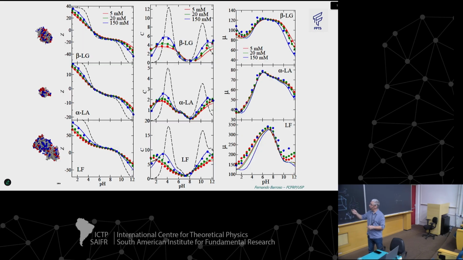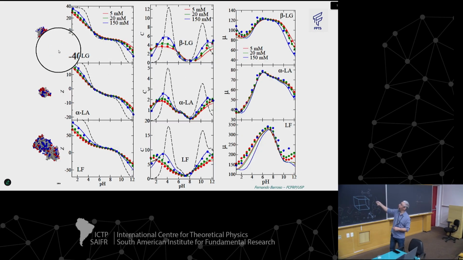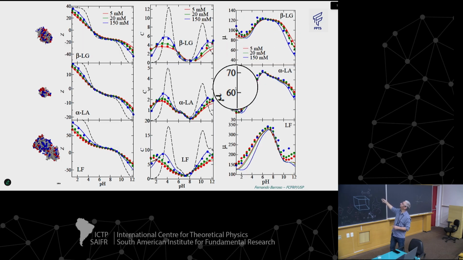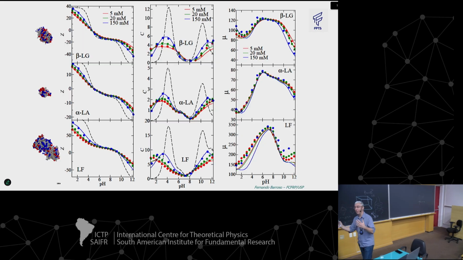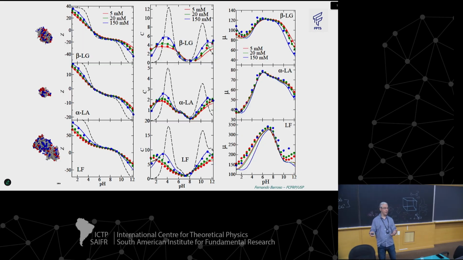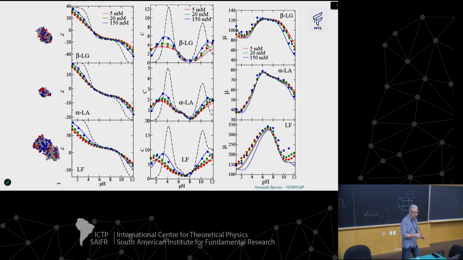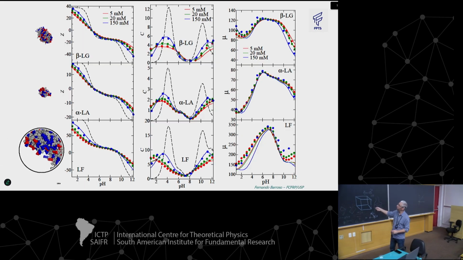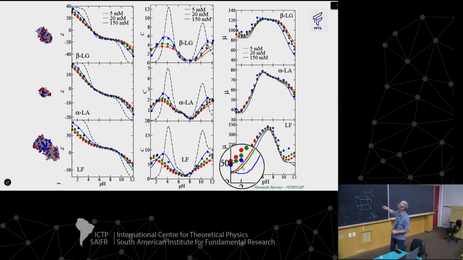Because you can see that the agreement is quite nice for charges as a function of pH, the charge regulation capacitance, that's a quantity that I'm going to introduce to you better tomorrow, but essentially is the charge fluctuation, and the dipole moments, they are very close to each other. So these are comparisons between the two theoretical models, or let's say two of our spherical cows, if you prefer to take it like that. There are some differences when we go here for the dipole moment of a more elongated molecule like lactoferrin, one of the milk proteins. In this case, we can start to see some deviations.